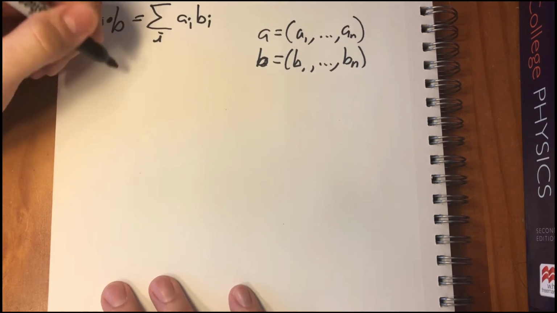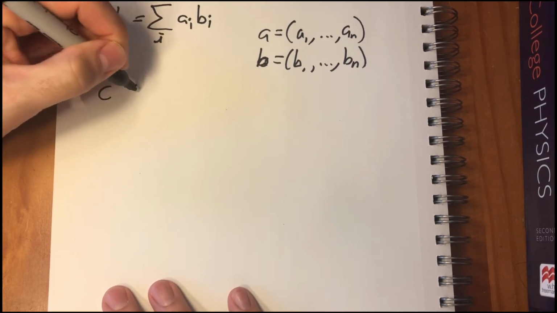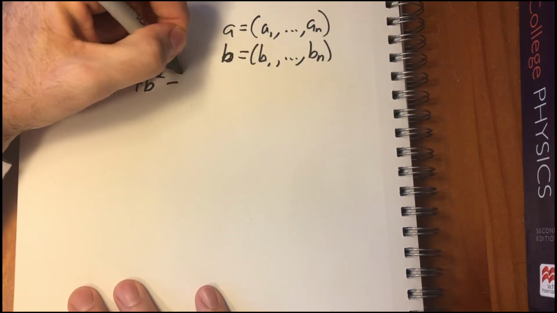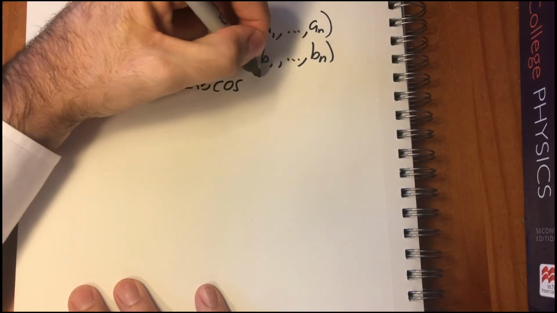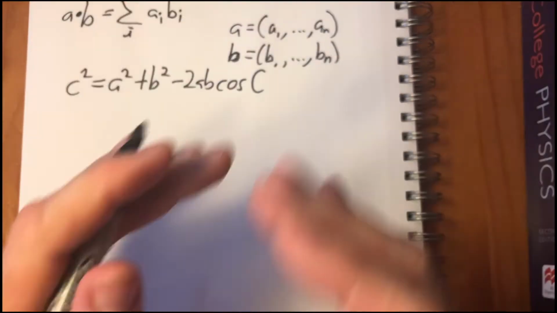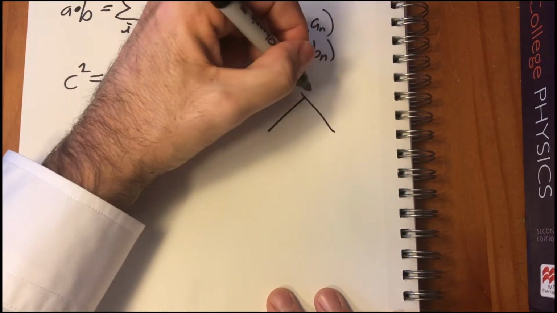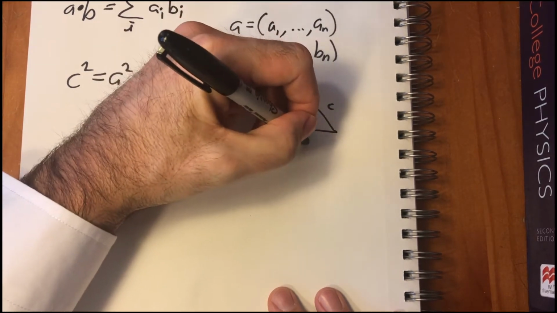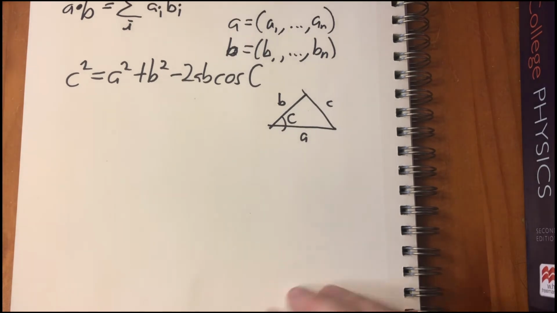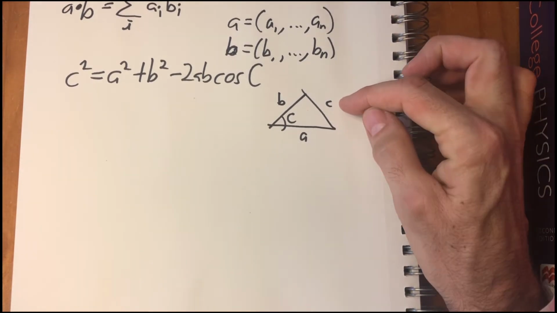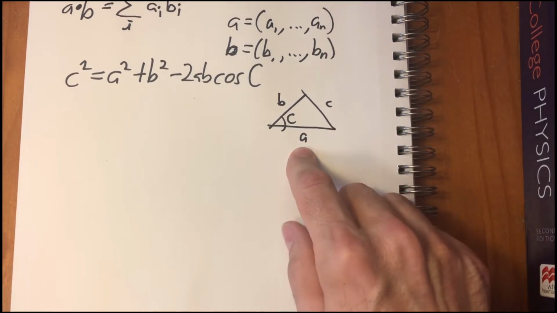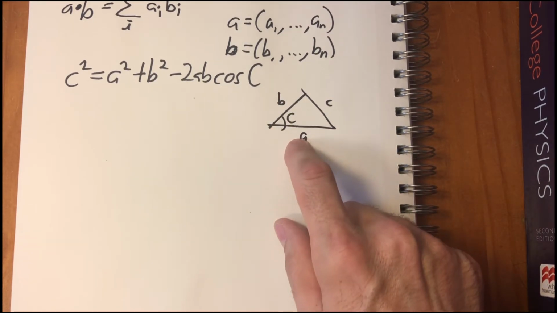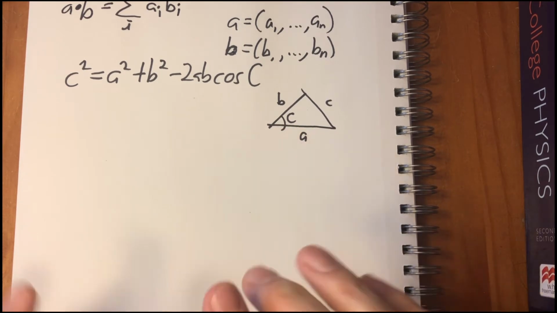Finally, we need the law of cosines, which is c squared equals a squared plus b squared minus 2ab cosine of the angle between the two. That means if we have an angle here and the sides A, B, C, then the length of this side, C squared, equals this squared plus this squared minus 2 times these times the cosine of C. You can derive this too.